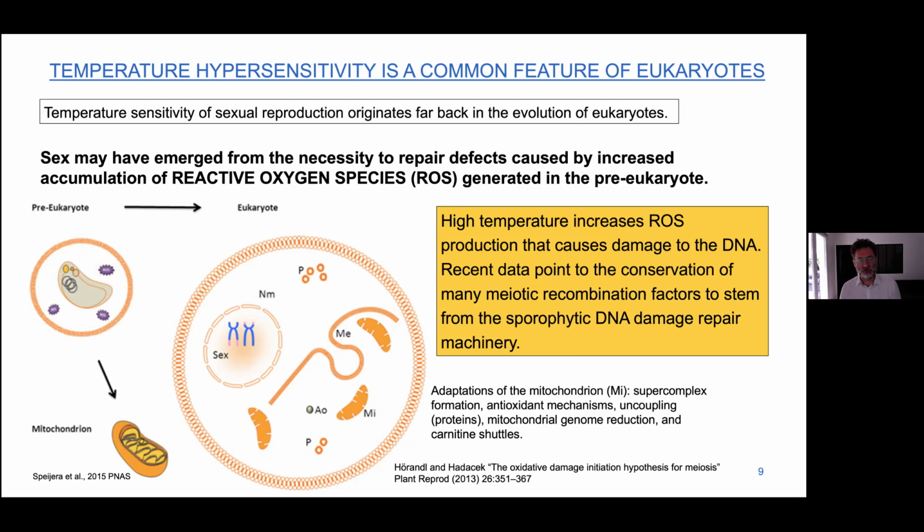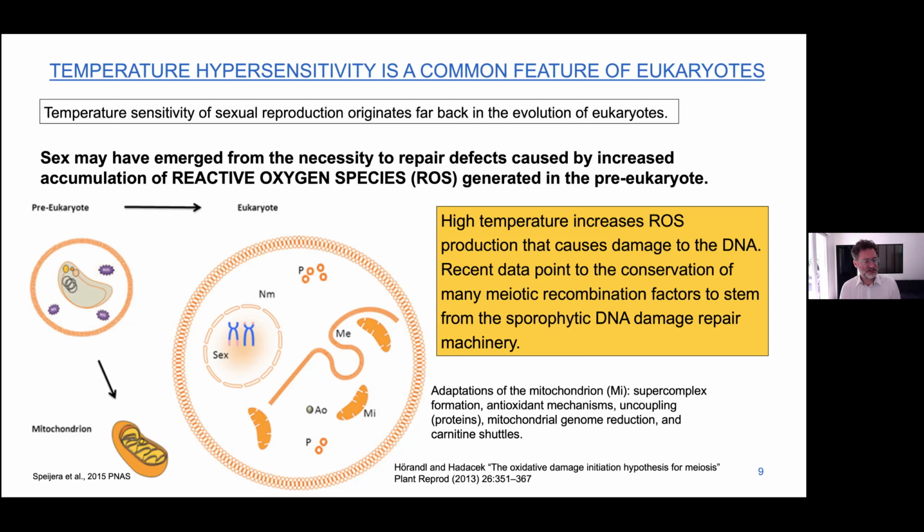And we know this because there are many examples in the animal field that show that the optimal temperature for, for example, sperm production is often a few degrees lower than the body temperature. For example, in humans, sperm production is done in testicles that are put outside of the body, where the system can allow the temperature to be about 2 degrees lower, and just 1 degree higher actually affects the quality of the sperm.